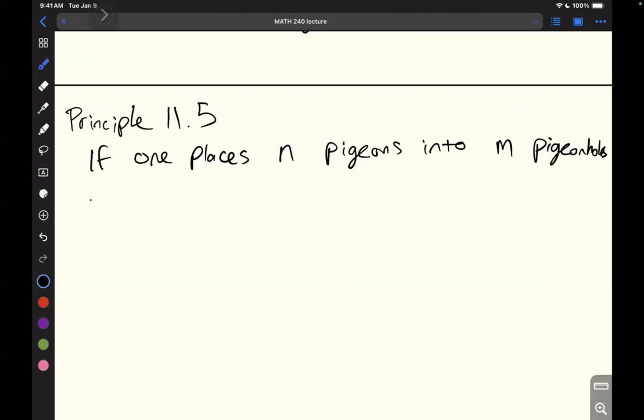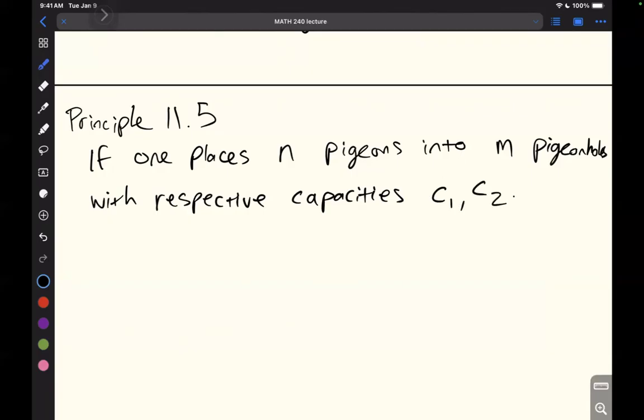So pigeonholes with respective capacities. And those capacities are C1, C2, so we just label them, up to Cm.